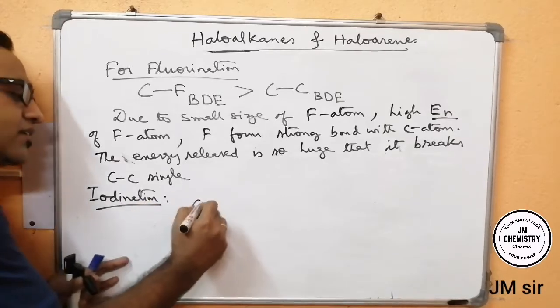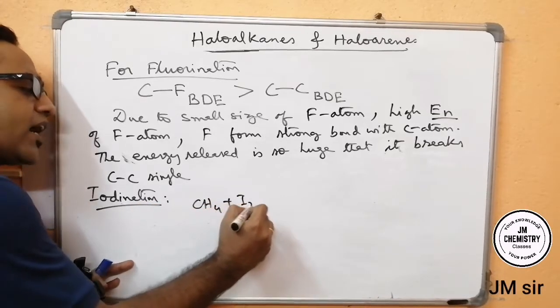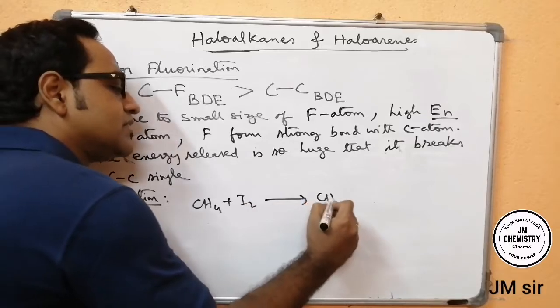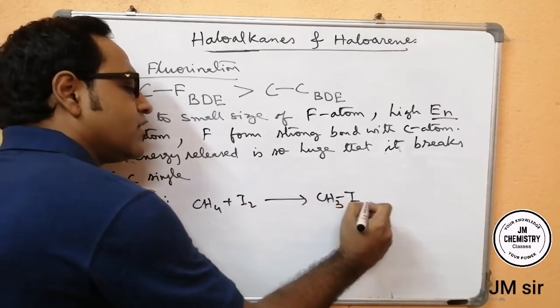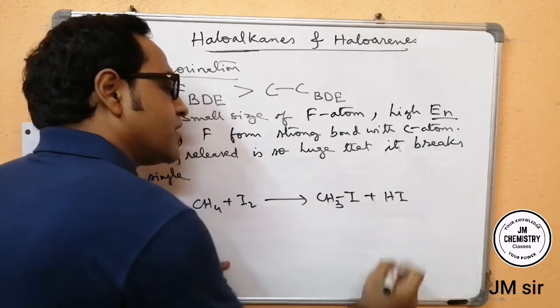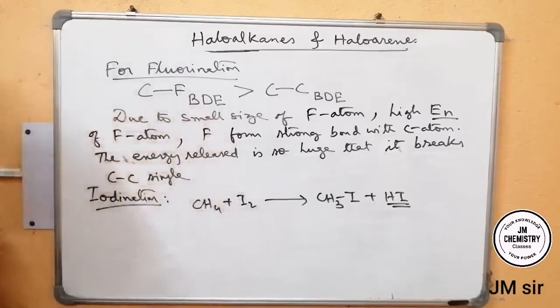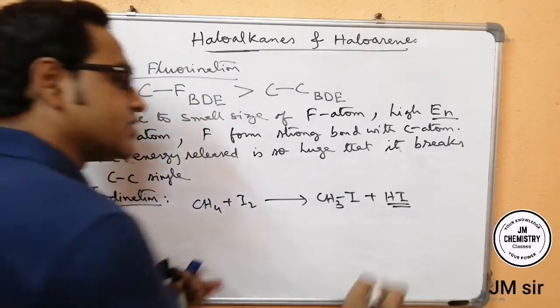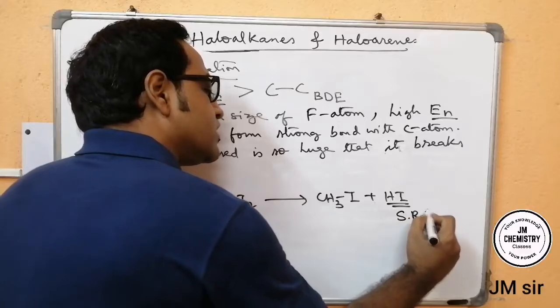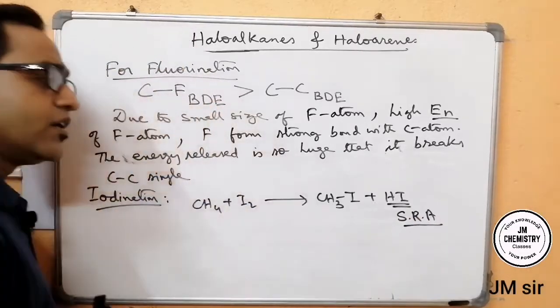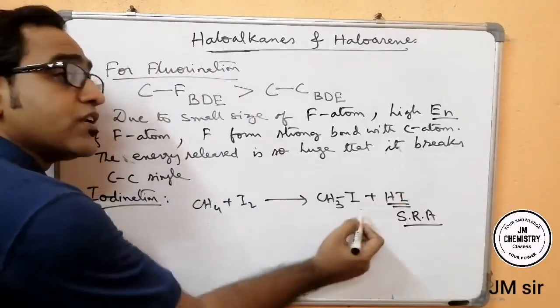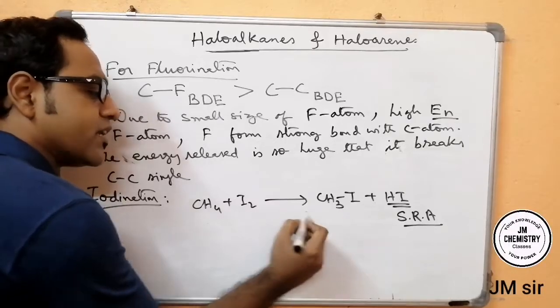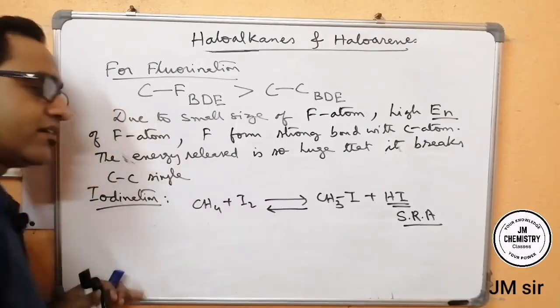The same reaction, CH4 reacts with iodine to form CH3I plus HI. Now this HI is a strong reducing agent. Okay. So this strong reducing agent will reduce the iodomethane back to methane.